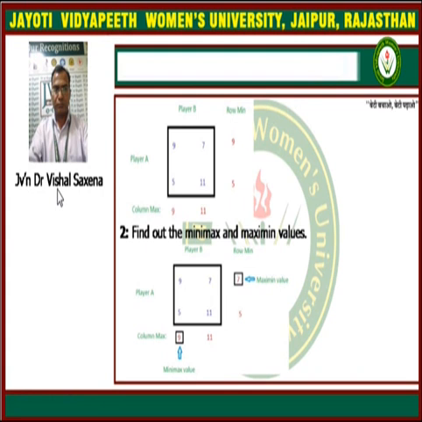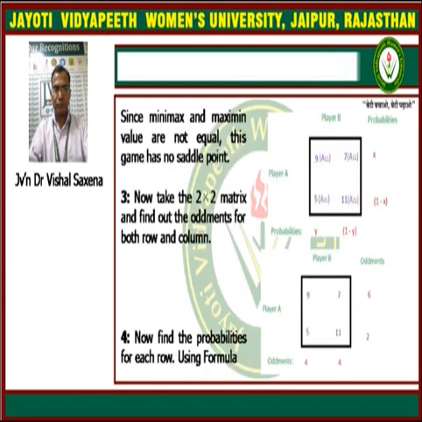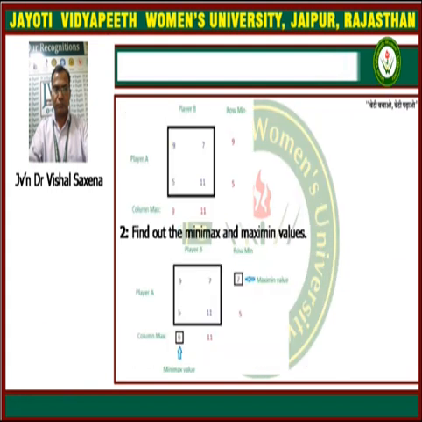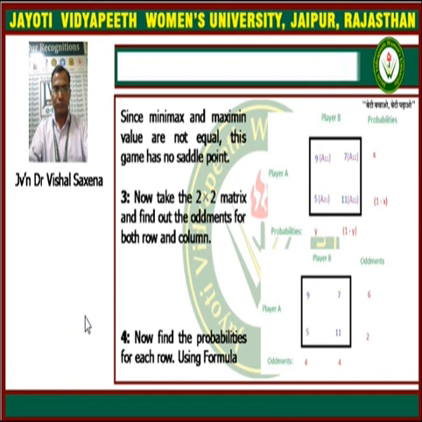And now we have to just apply this process further. We can see that the maximum value is 7, and the minimax value is 9, and both are not the same. The minimax value and the maximum value are not the same, that's why the saddle point does not exist in this game.